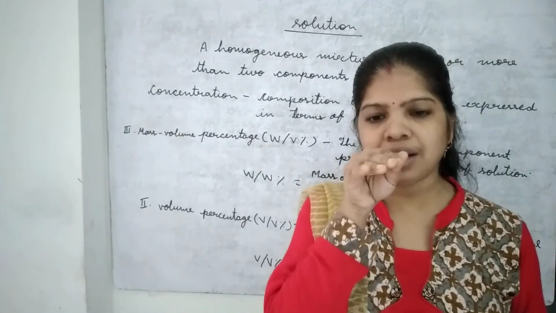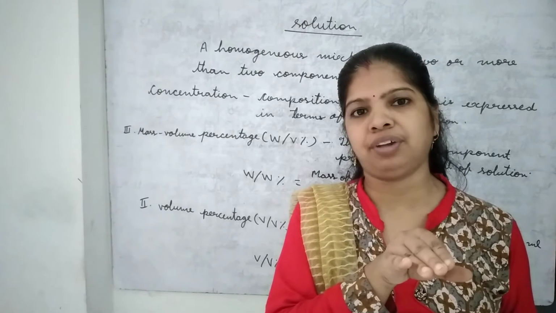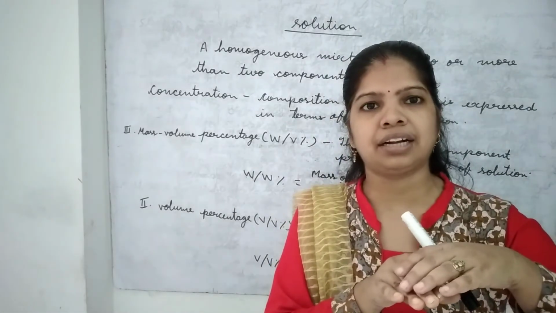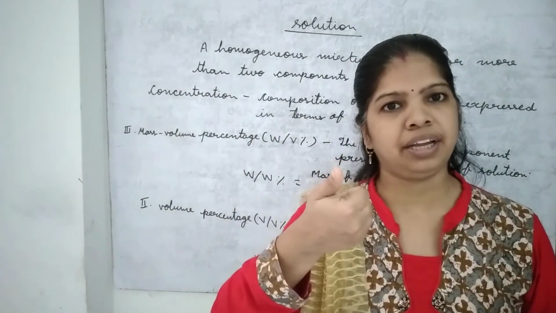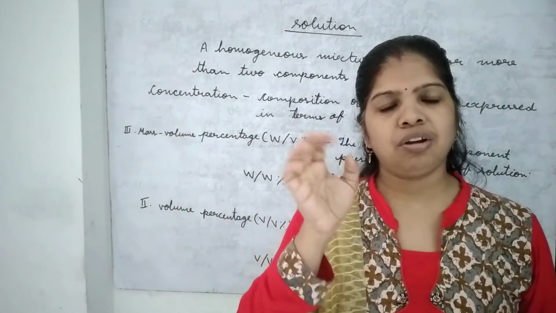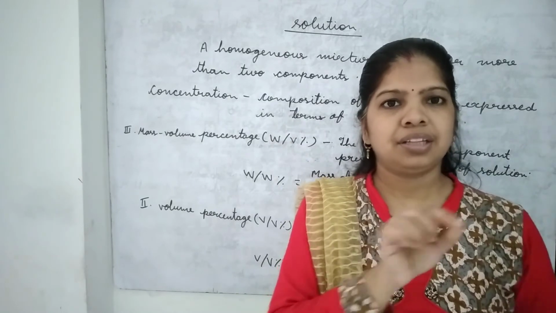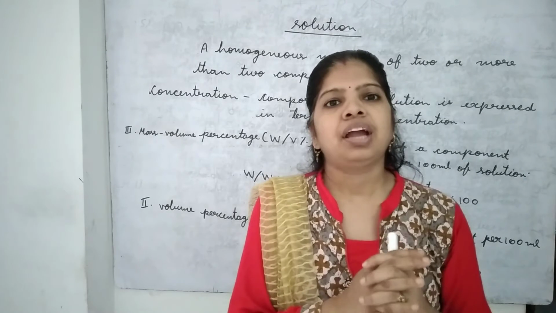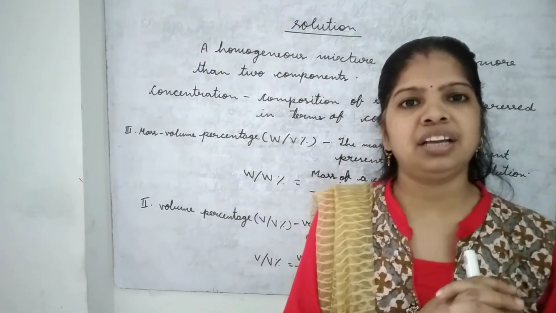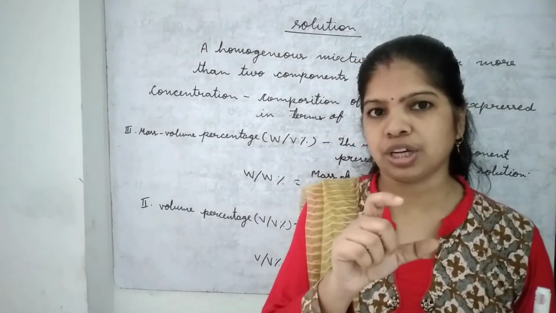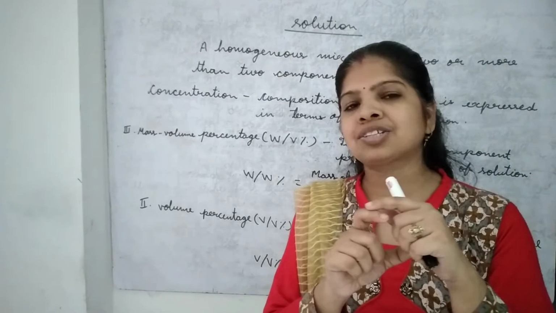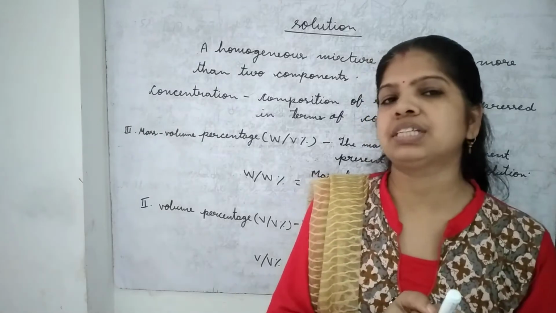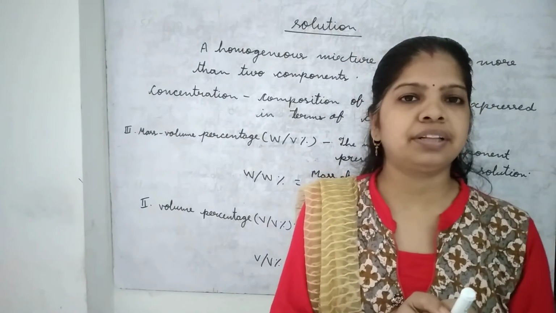First we take a little less water, then that powdered medicine is added and we shake it properly. After shaking, when the solution is prepared, we again add distilled water till the mark, and finally we get the volume of that solution by adding the mass of a component in gram. So those types of medicines are prepared by this method.